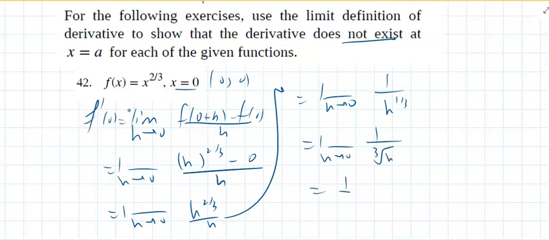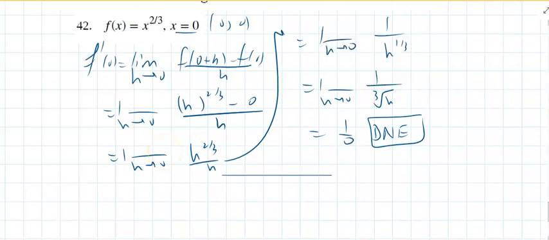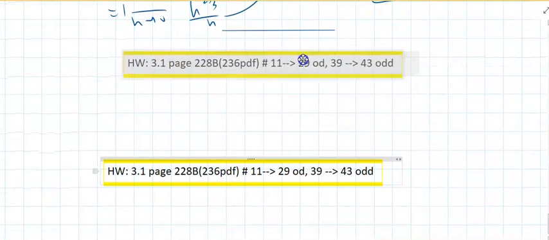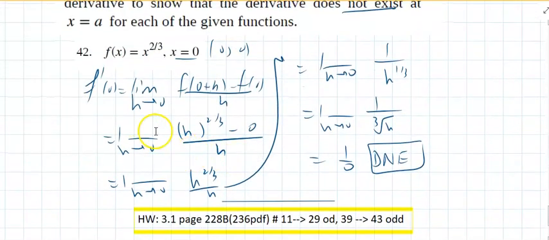If I let h equal 0, I'll get 1 over 0. And what does that mean? It does not exist. Now, why does it not exist? That's the next section. Now, that would be it. I chose these problems from our book. And that covers this section.